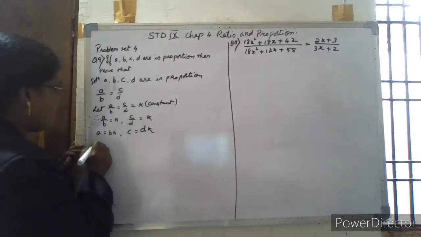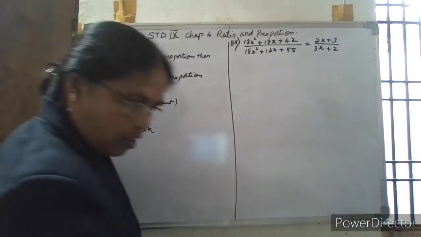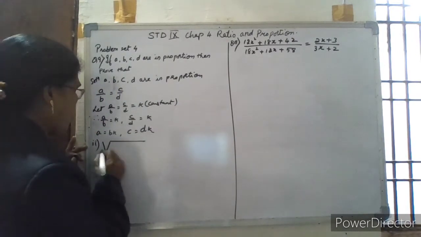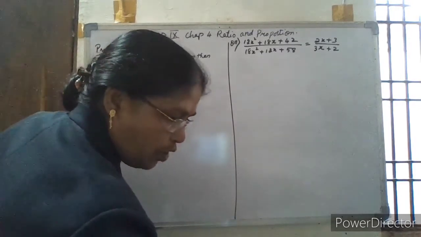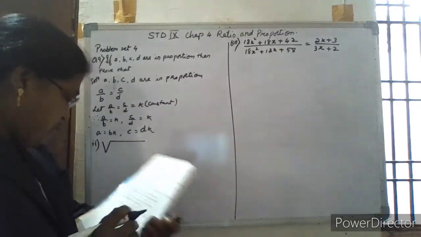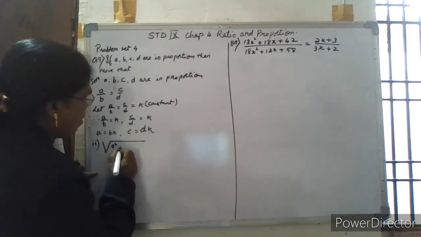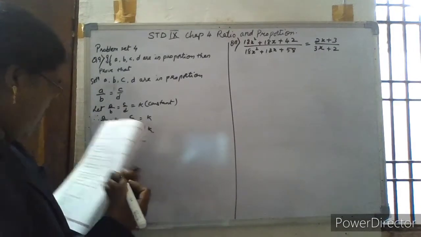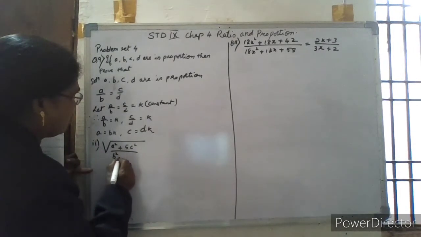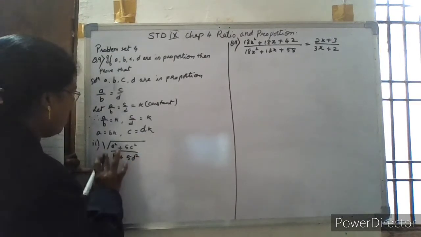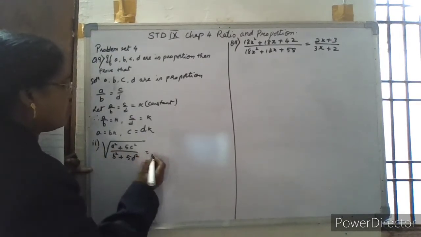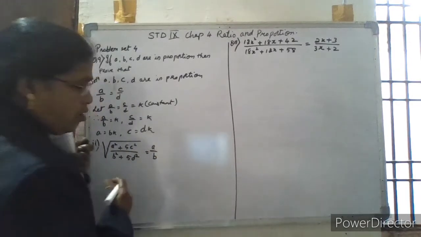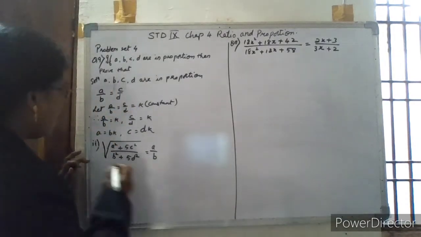Now I will solve the second one. The second one is given, you have to prove that root of A squared plus 5C squared upon B squared plus 5D squared, both under root, is equal to A by B. Now let us take the left hand side.